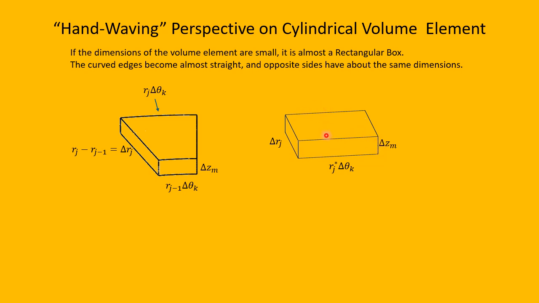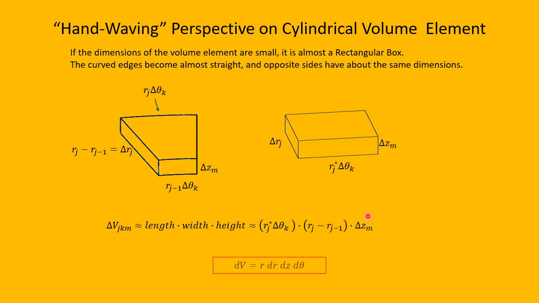Since this is a rectangular box, we know how to find the volume of that. The volume, delta v sub jkm, is going to be the length times width times height of this. And when we multiply these three together, we get 2 pi r sub j delta theta sub k, which is this, times this side right here, times the length of this side right here. And so then, what do we have?